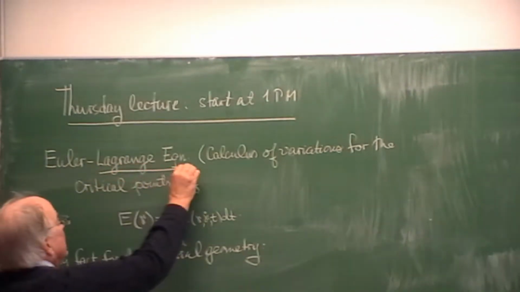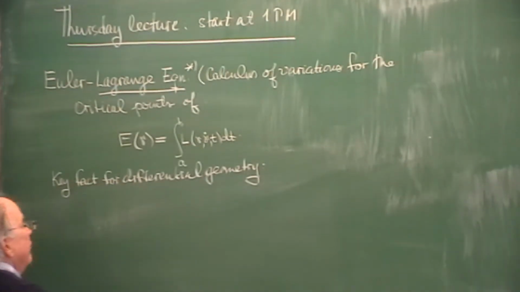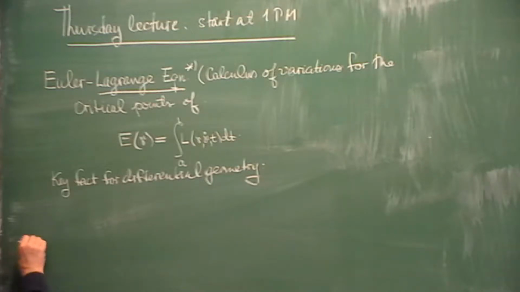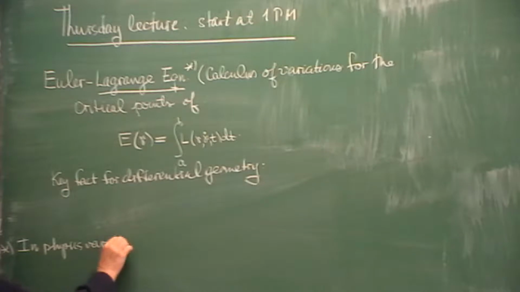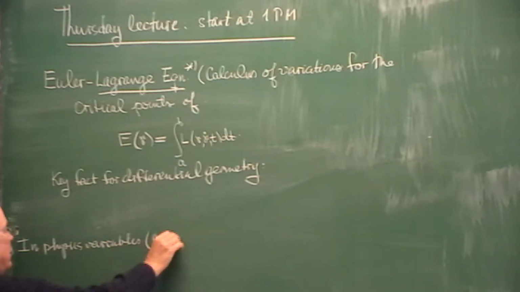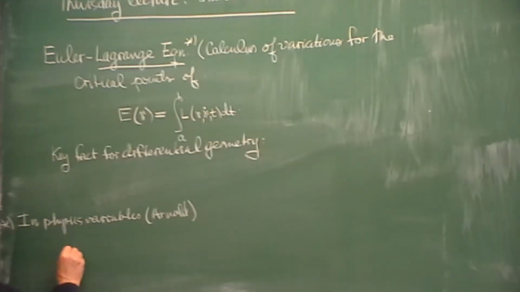which maybe I will just simply write here in variables, in physics variables. So this is a little footnote in physics variables. And I use the notation of Arnold. This equation is something like, if I may make a sign mistake, you can check it. Physics people know these things very well.